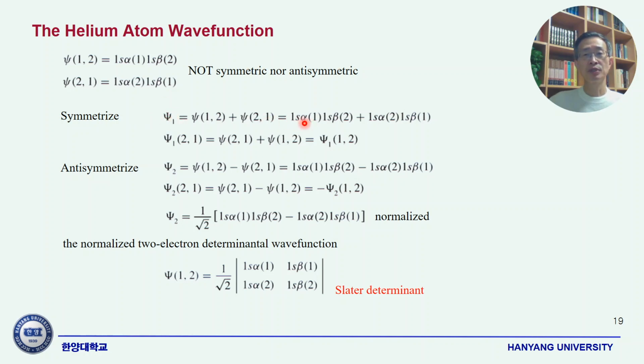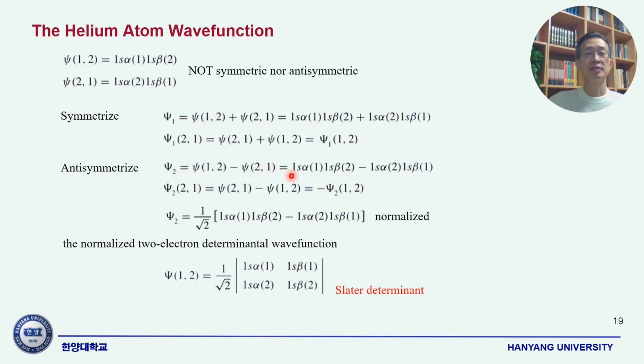And what you are doing here is 1s alpha 1, 1s beta 2 plus 1s alpha 2, 1s beta 1. If you interchange 1 and 2, you would get the same, which means that psi21 is equal to psi12. So that is symmetrized. If you want to antisymmetrize it, you take psi12 minus psi21.